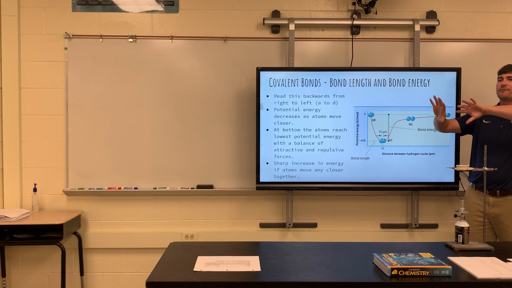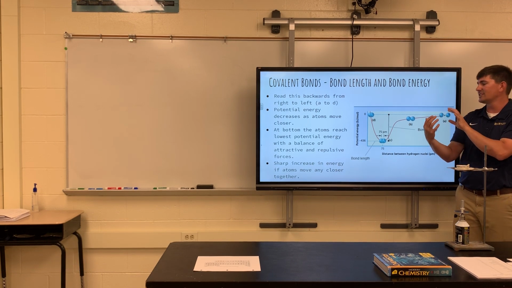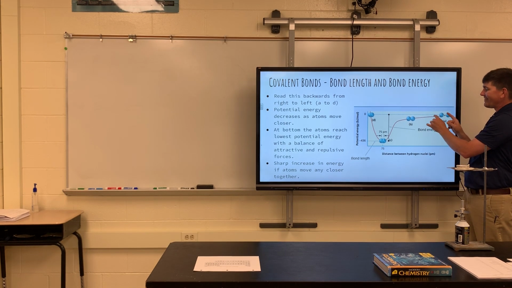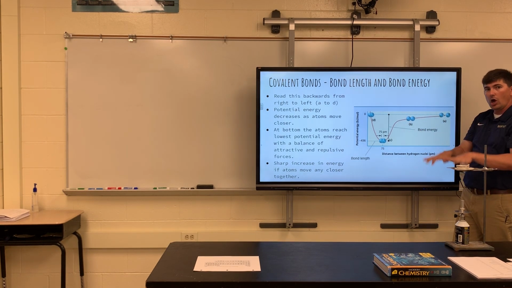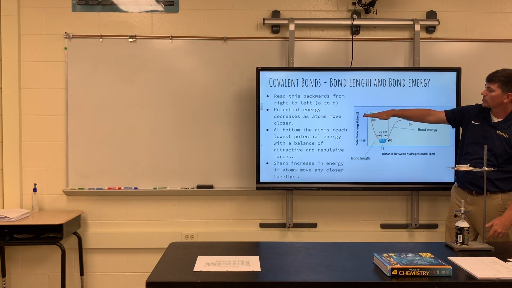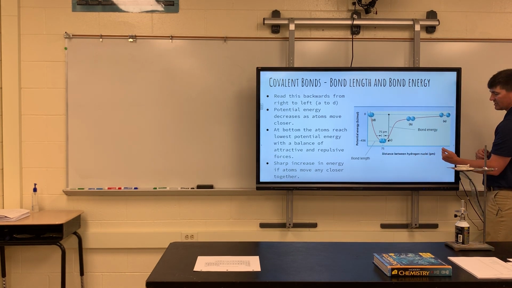Right. So right now they get close enough together to feel each other, but they're not close enough to really be repelling each other. So the force of attraction is winning, and as the force of attraction is winning, they get closer together. And that getting closer together lowers their potential energy. So this is potential energy starting at 0 up here, going down because we're talking about lowering their potential energy, right? This is the distance that they are apart.